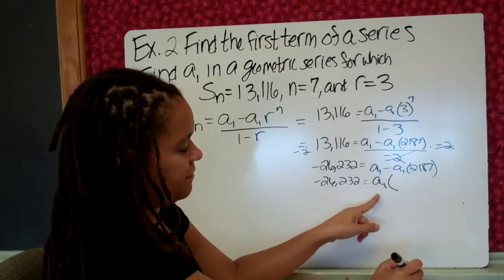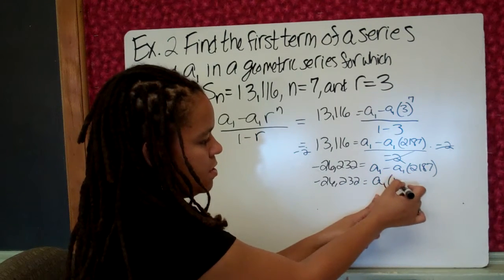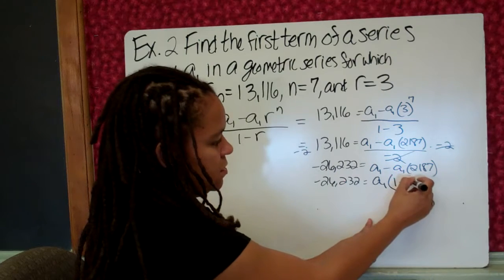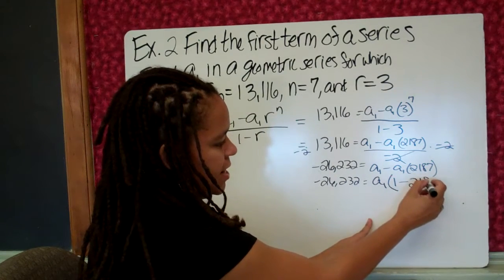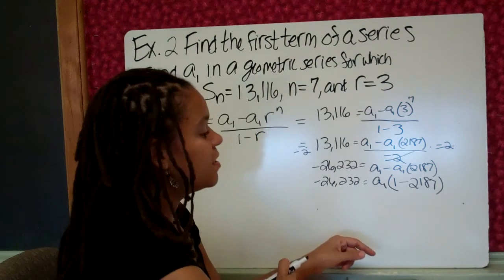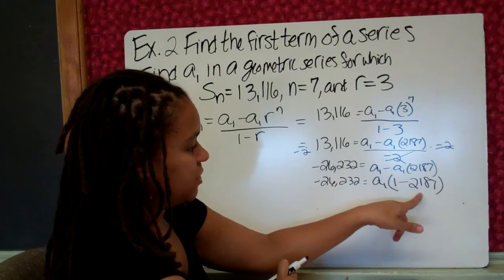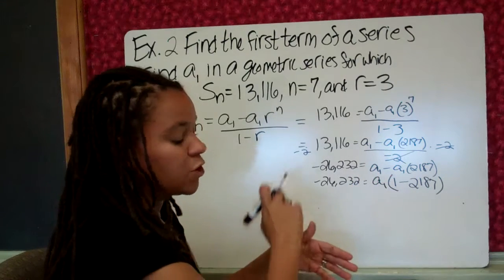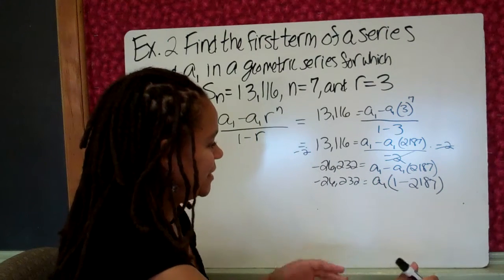Then if I divide A1 out, I still am left with 1 minus 2187. Got it? If you have 1 minus 2187, then I end up with negative 2186.